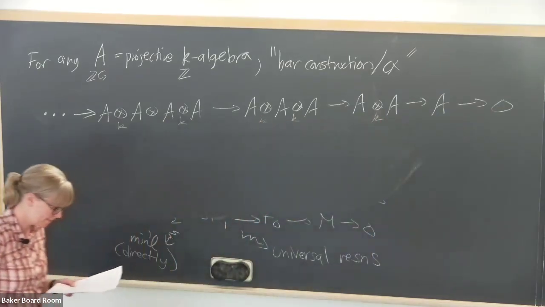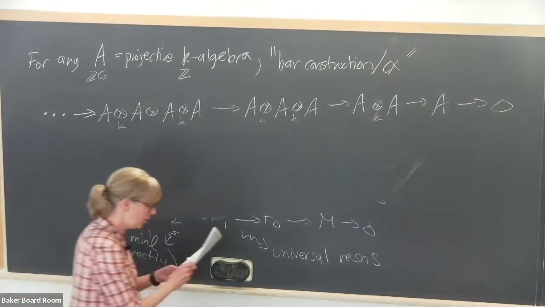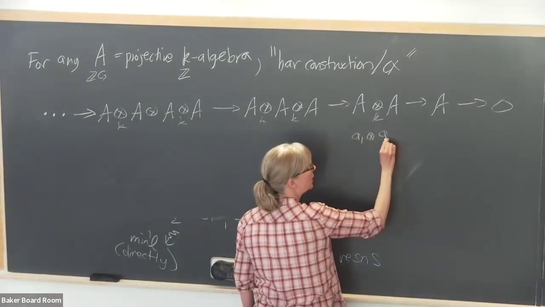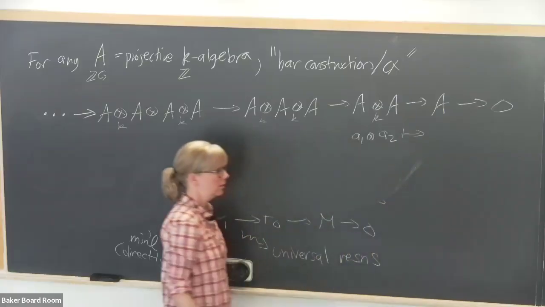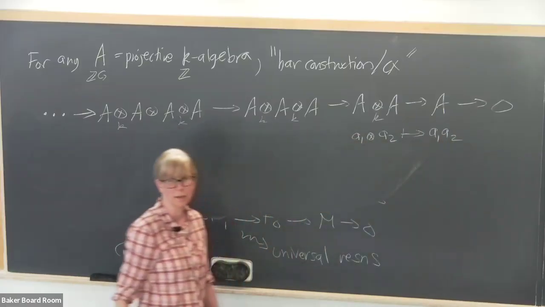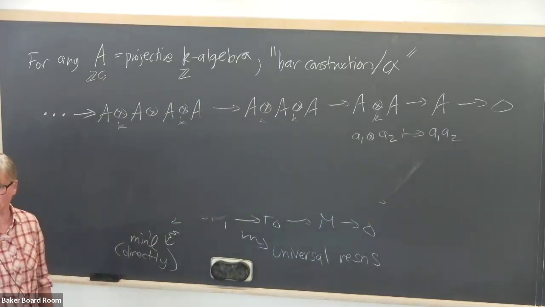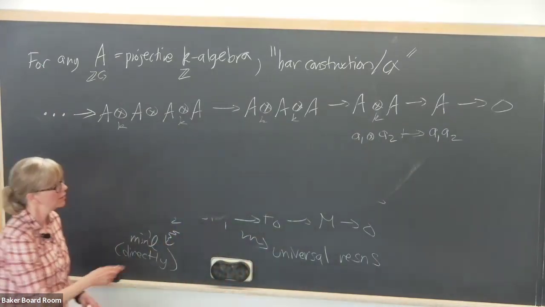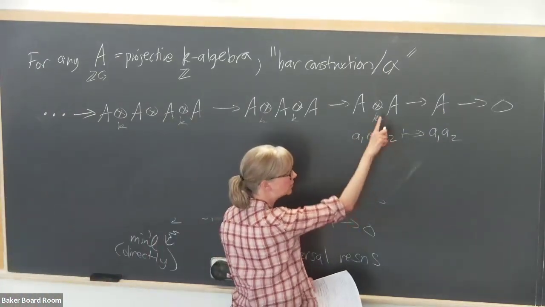All right. And the differentials are, so an element A1 tensor A2 goes to the product. This is surjective because you could take A1 to B1. Okay. But then the question is, what's the kernel? What are the cycles here?